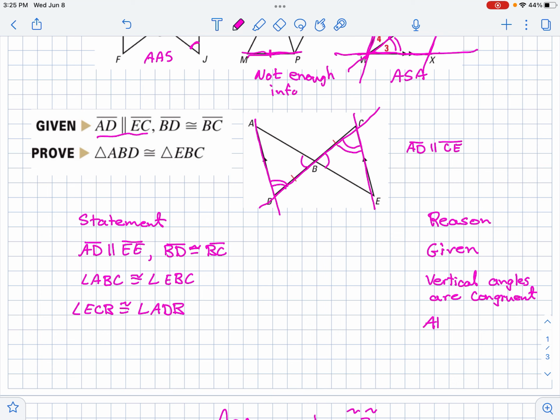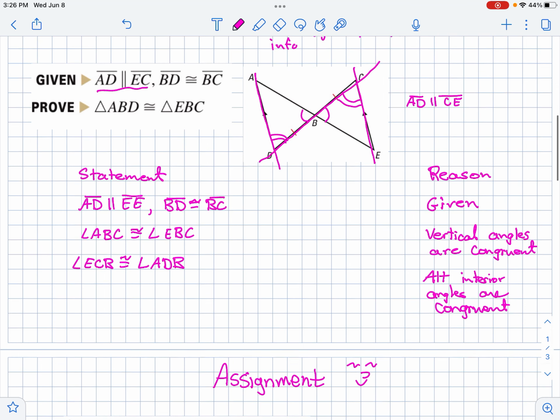So I'll just put alternate interior angles are congruent.